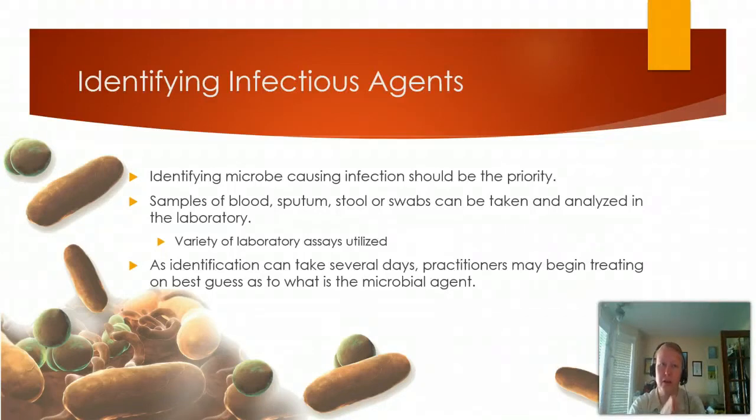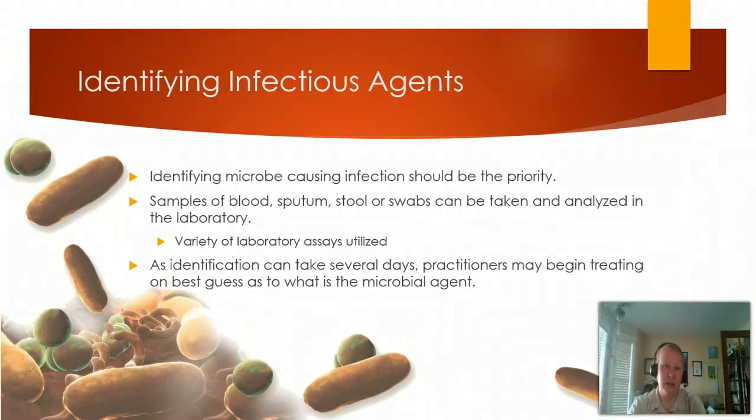The things that you are doing are done in clinical laboratories. So we'll take samples from blood, sputum, stool, swabs, or a variety of them, and sometimes more than one, depending on what's going on, to be analyzed in the laboratory to have the identity of the unknown agent causing the disease identified. But as you are well aware, most of these processes take several days to weeks to identify them.